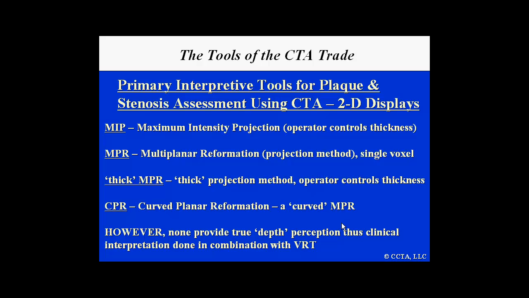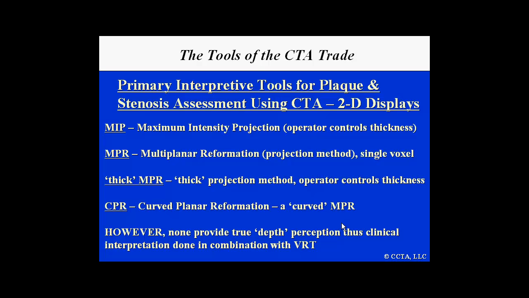Primary interpretive tools for plaque and stenosis assessment are usually 2-dimensional tools. There is the maximum intensity projection, MIP, where the operator controls the thickness, and MPR, multiplanar reformation. This is a single voxel projection method.